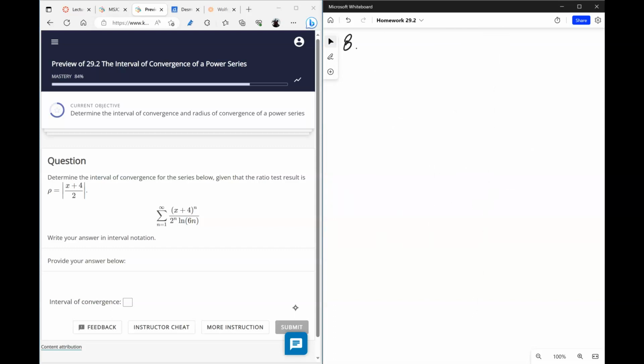Here again we have a hint. If you're paying attention to the hint, then you may be skipping some of the steps. But here's the series. Once again, in order for the hint to make sense, let's set up this limit.